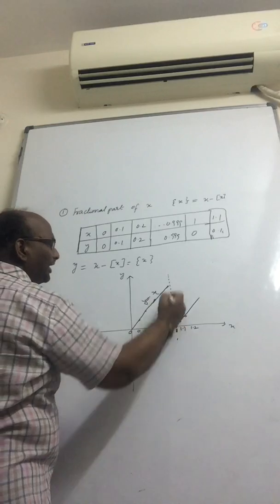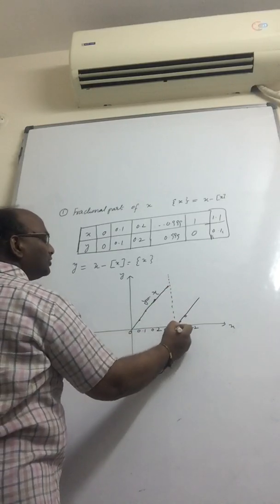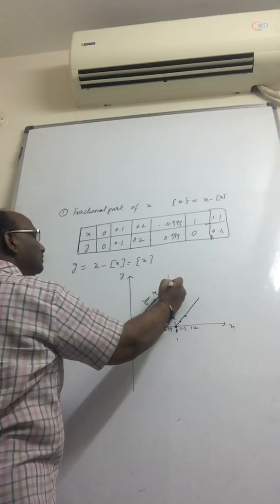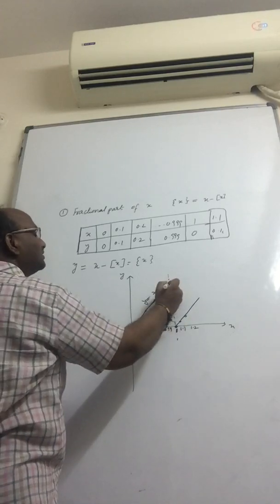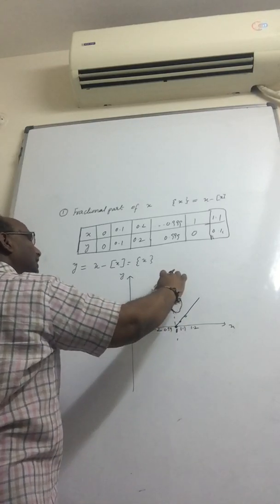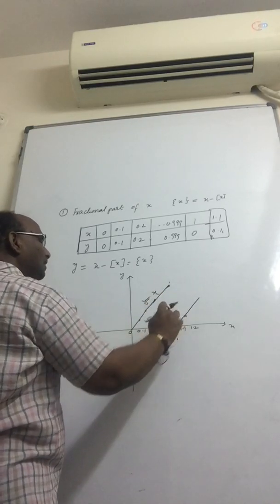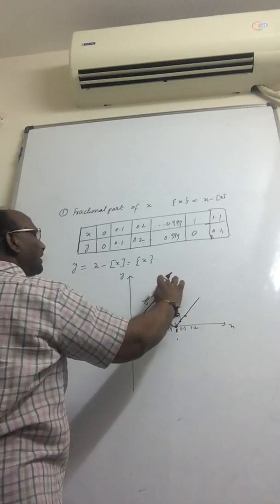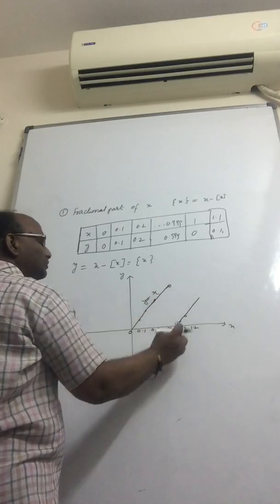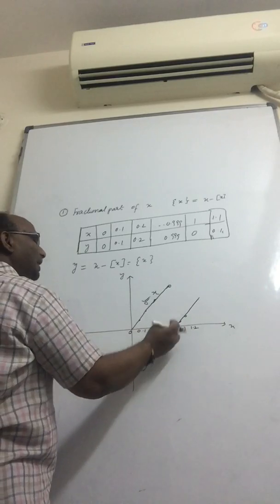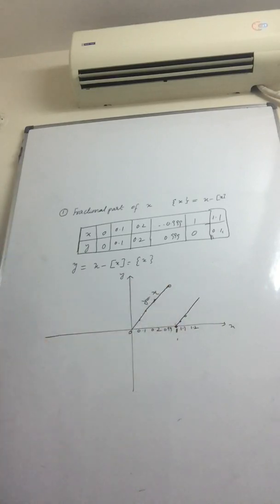Even 0.99 gives 0.99. When it comes to 1, it is 0. Before that, for any x value, the same y value will be there.